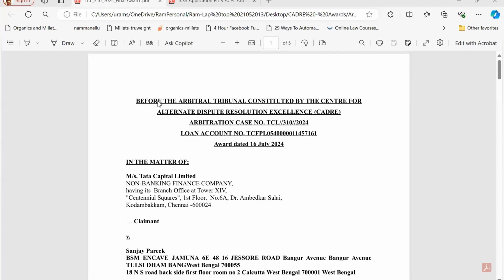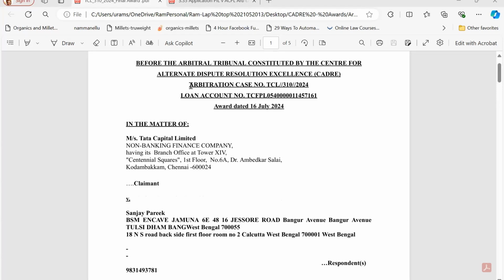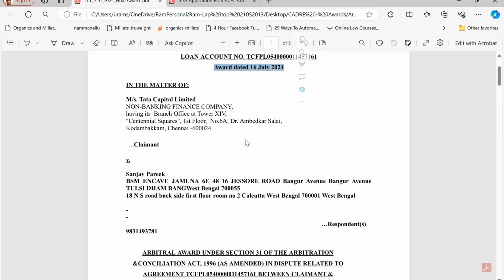So it is mentioned before the arbitral tribunal constituted by so and so. The arbitration case number is mentioned here, and the loan account number. If it is a contractual dispute, the contract reference will be mentioned here, and the date of award is mentioned here. In the matter of, the claimant details and the respondent details are mentioned here.